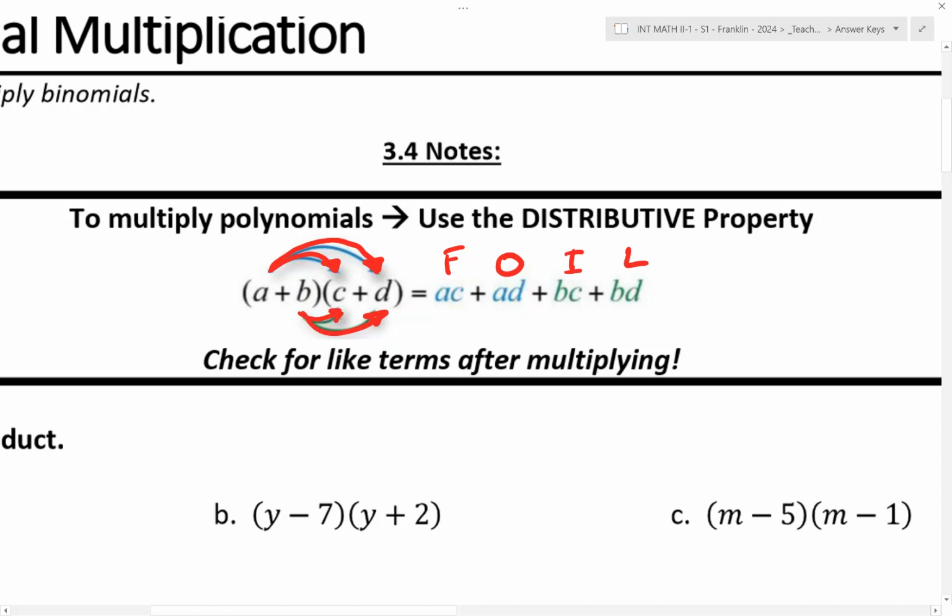Now the reason I don't usually focus on calling it FOIL is because when you get to higher polynomials like trinomials and 4 terms and so on, the acronym doesn't work anymore because there's more than 4 multiplications that you're doing. But it is handy for remembering for at least this first one if you've done all 4. But I think just know you're going to multiply every term in the first one by every term in the second one, and then check for like terms.